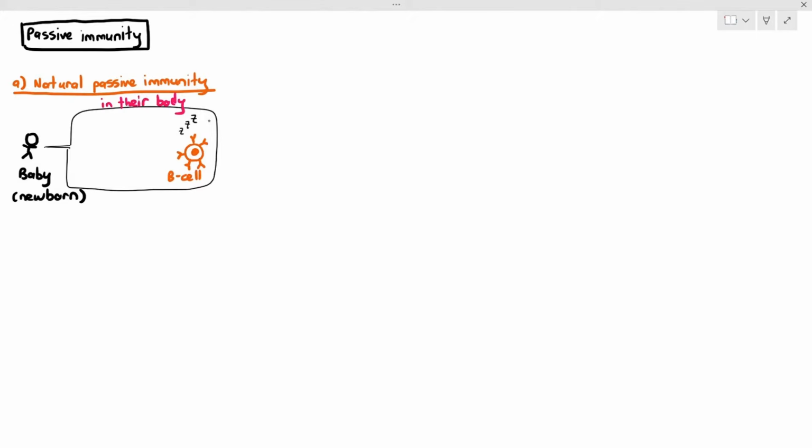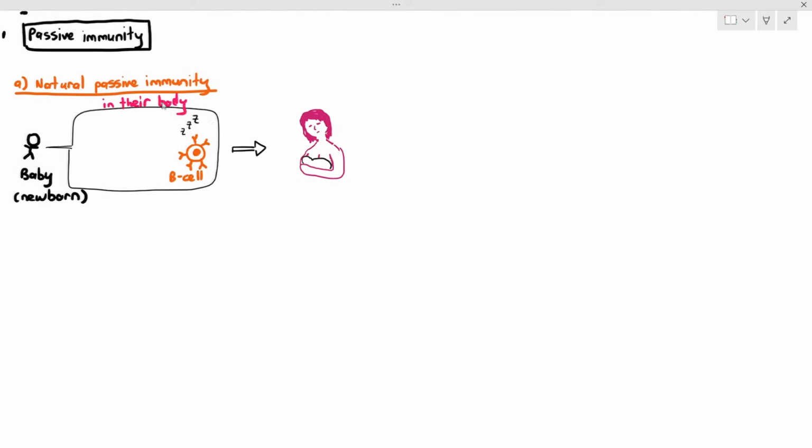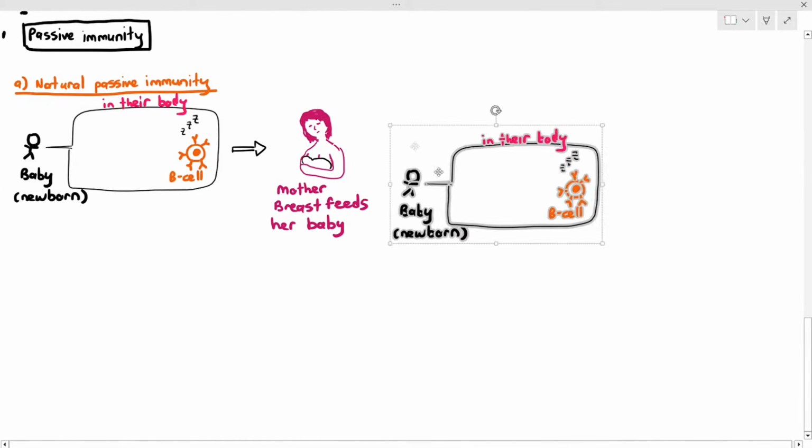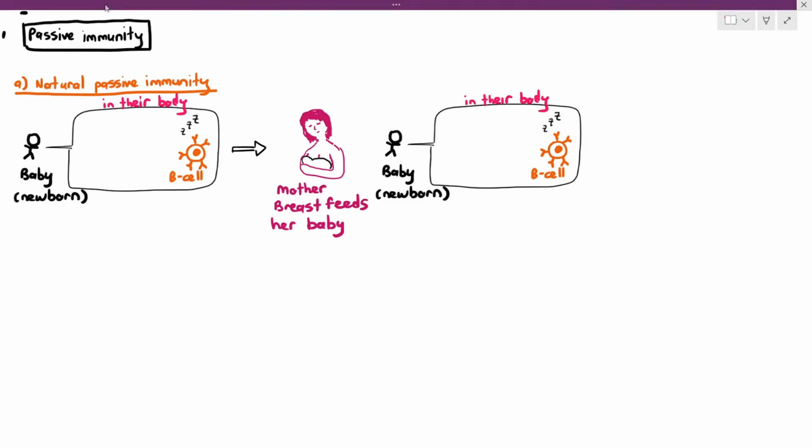But here's the thing. I told you before that in passive immunity, the baby's body does not have to do the work, right? The immunity happens automatically. But how exactly does it happen automatically? The mother breastfeeds the baby. And in the mother's breast milk, the mother will actually provide antibodies to the baby's body.